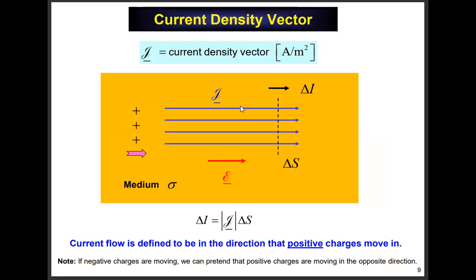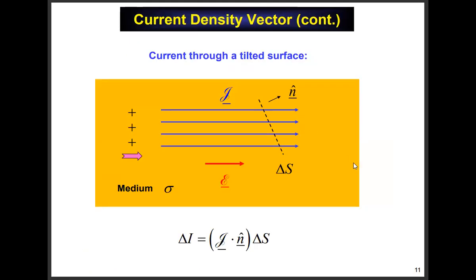Current, protons are coming here and crossing the surface, giving a current flow. But what do I do in this case if the surface is tilted with respect to the J vector? Now, here's probably the simplest way to think about it. The protons are moving like this in the direction of the J vector. They've got a velocity vector, the same direction as the J vector. Now, any vector, as you know, can be broken up into different components.